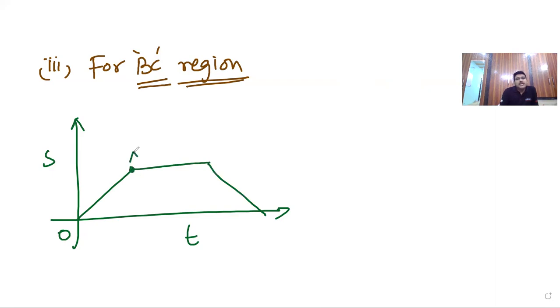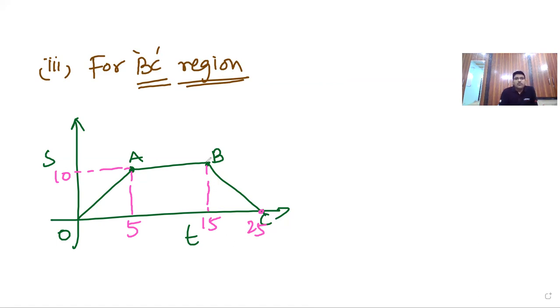So this is A, this is B, this is C. Let us have the coordinates. So this is 5 seconds, this is 10, again this is 15, this is 25 seconds.